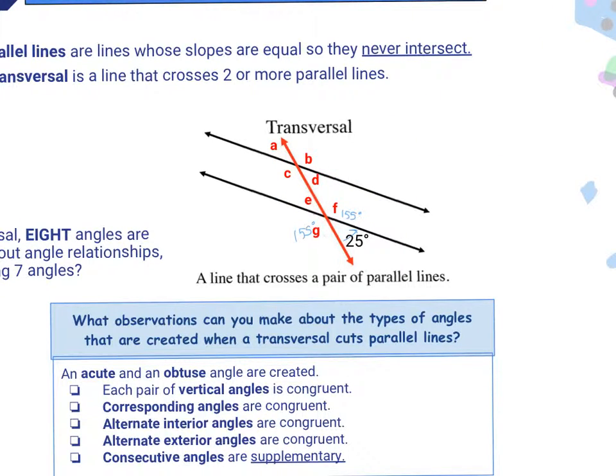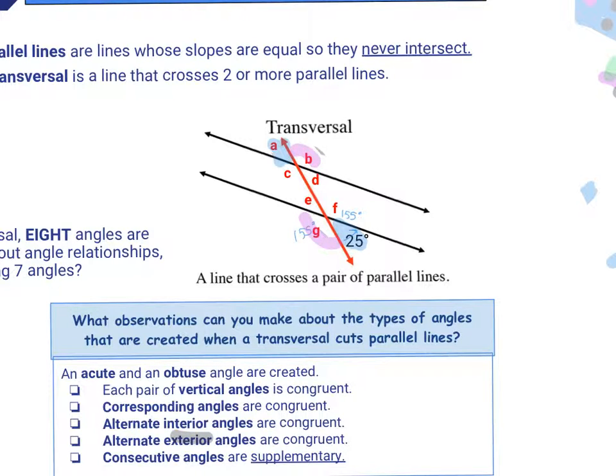In the same way, alternate exterior angles are on the outside. So if you were to look at the exterior angles, it's all of these here. And alternate means that they're switching sides. So for example, angle A and 25 degrees are alternate exterior because they're on the outside and on opposite sides.